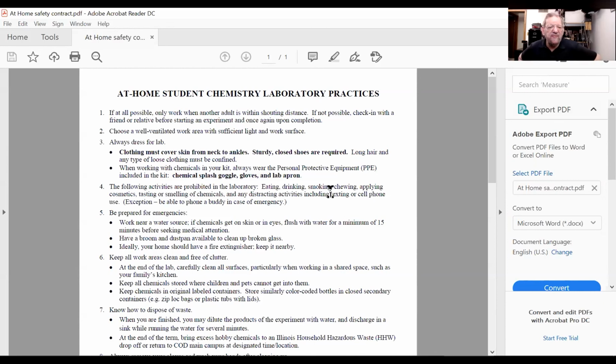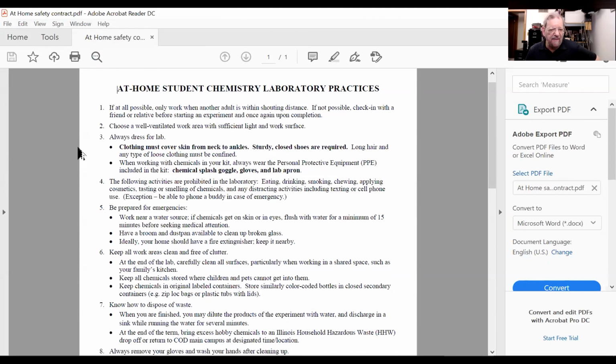If possible, only work when another adult is present. Generally with chemicals, you should never work alone. You should work in a well-ventilated area. You should dress properly. Always wear goggles and gloves. If you're careful, you don't have to wear the lab apron, but if you want, you should. You've been given one in the kit.